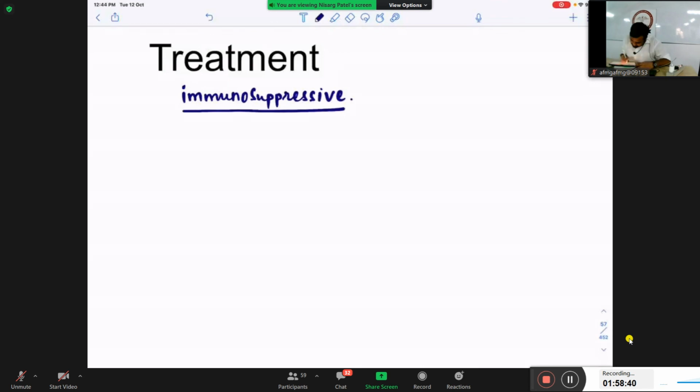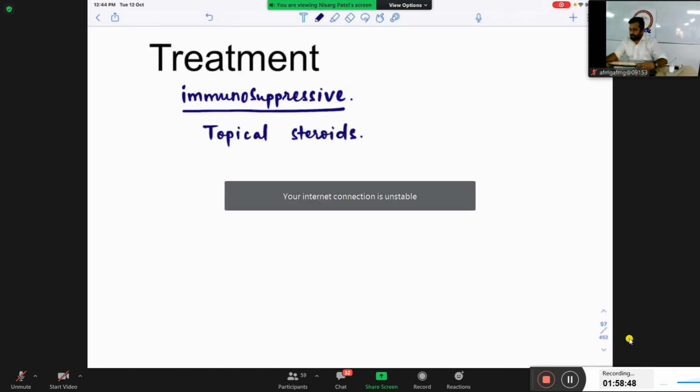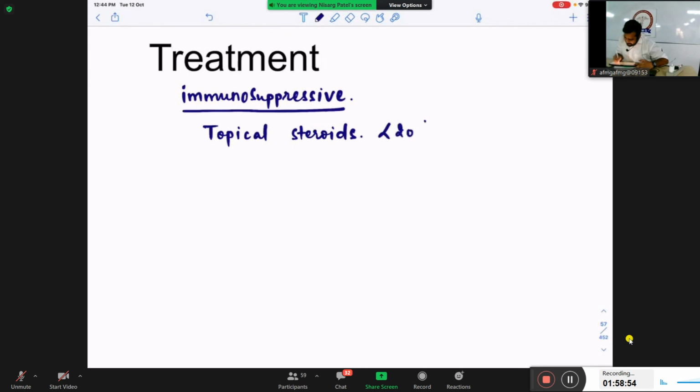I can use topical steroids when less than 20 percent body surface area is involved.